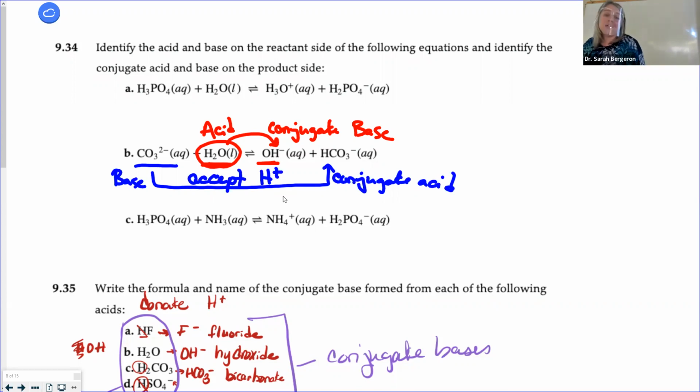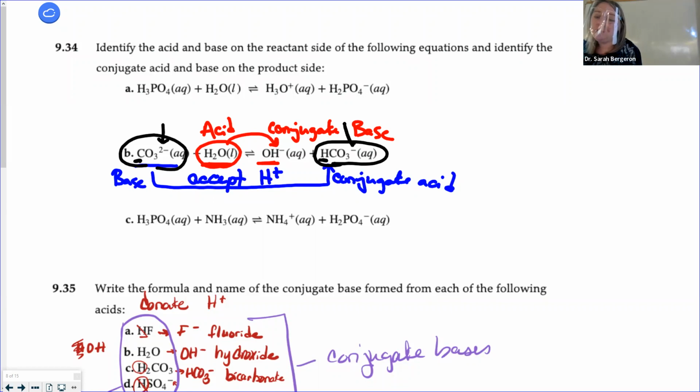So look at CO3 2 minus. When it goes from being a base to being the conjugate acid, what happens to it? It is going to gain a hydrogen, and what else?